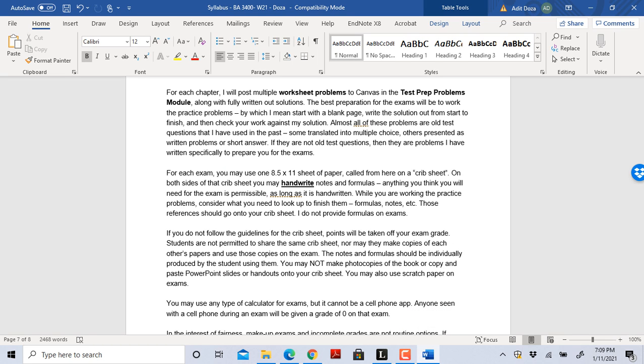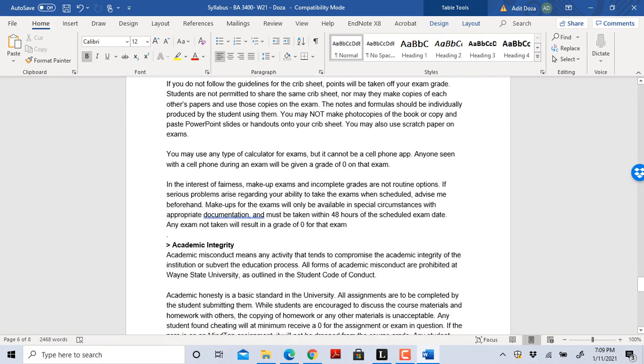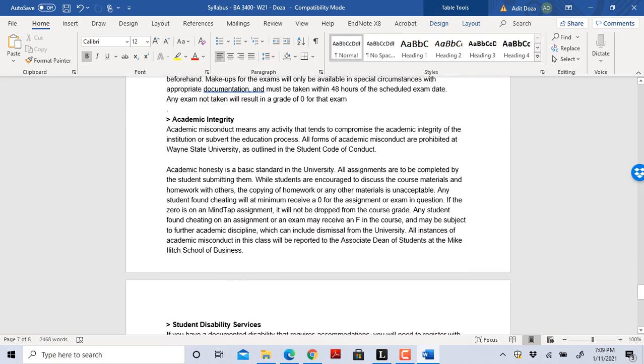And when you are taking the exam, the webcam will be on. So if you have multiple pages, then your exam will be disqualified. So don't do anything unethical. Just put the cheat sheet and your calculator and take the exam. I don't want you guys to cheat in the exam.